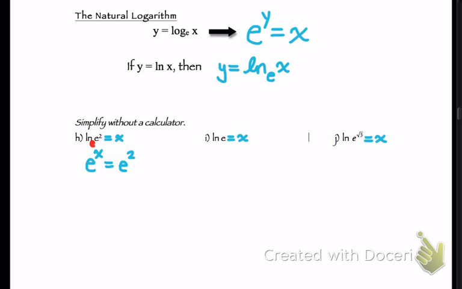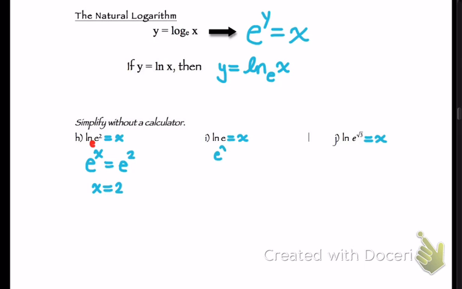That's why I knew e to the x is equal to e squared. Whenever I have bases that are equal to each other, I know I can drop the base and set the exponents equal to each other, so I get x is 2.